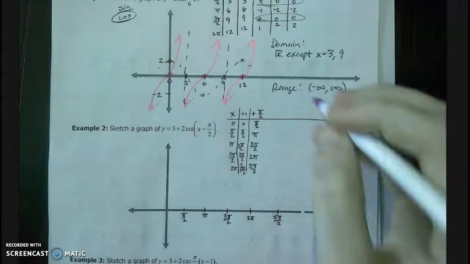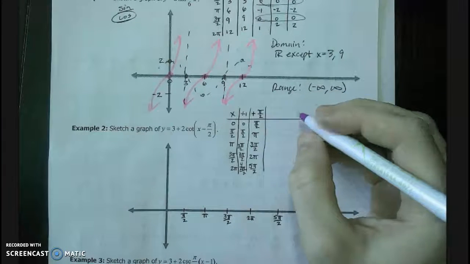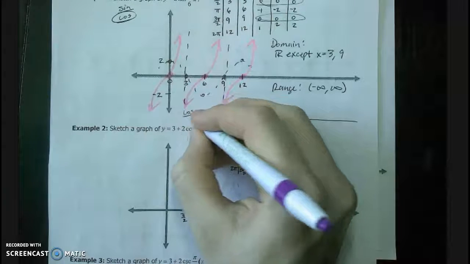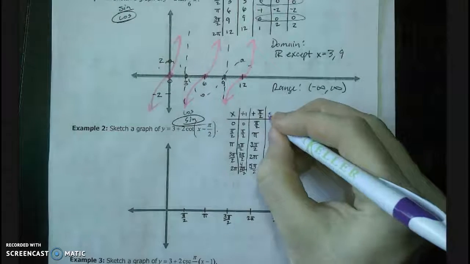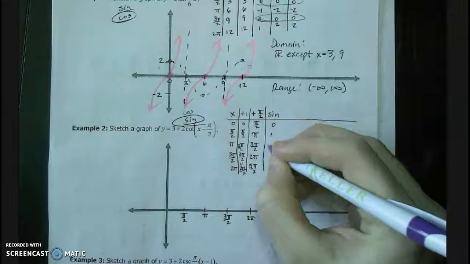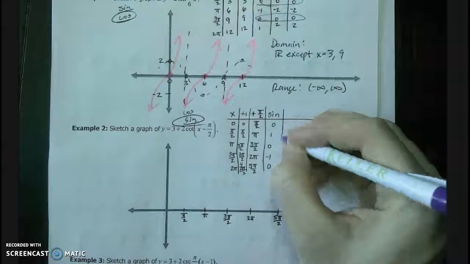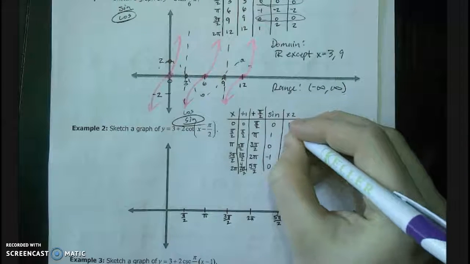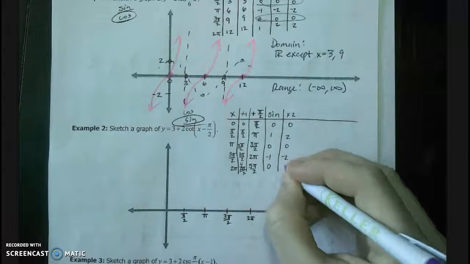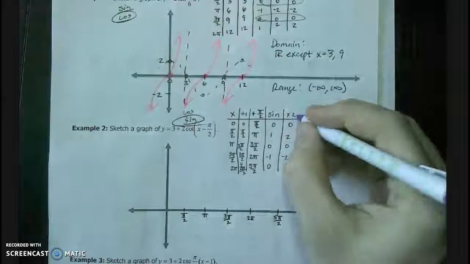Then for your y-axis, cotangent has sine on the bottom. So you're going to graph your sine wave. You're going to put sine in the table. 0, 1, 0, negative 1, 0. And we're going to multiply those by 2 because there's a 2 in front. Then we're going to add 3 to all of those.